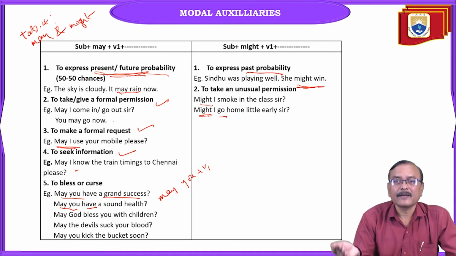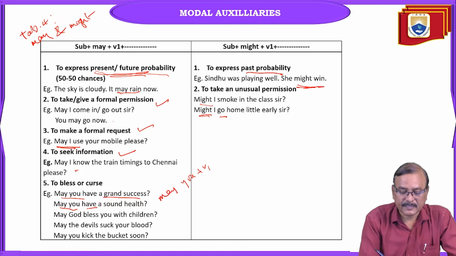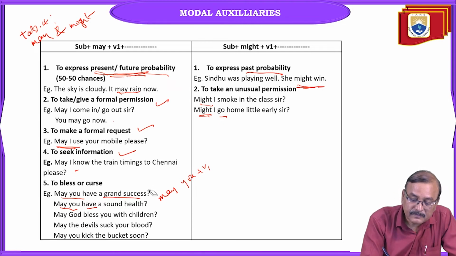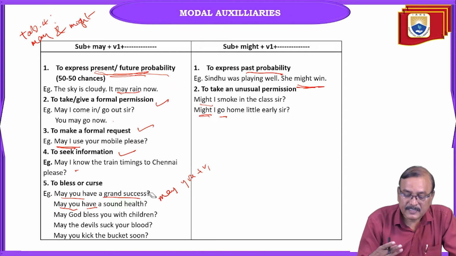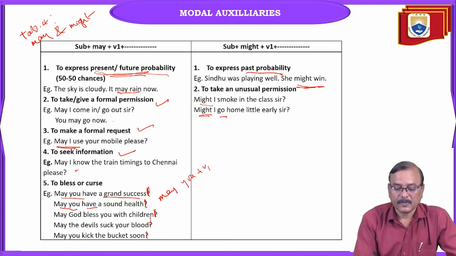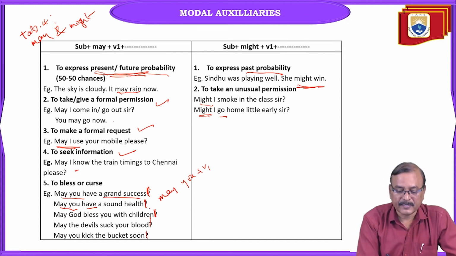You may have or may you have. Is it clear? May you have grand success. This is not a question, so the question mark is not necessary here. Exclamatory mark only. May you have grand success. May you have sound health.